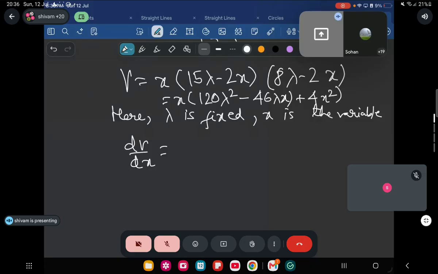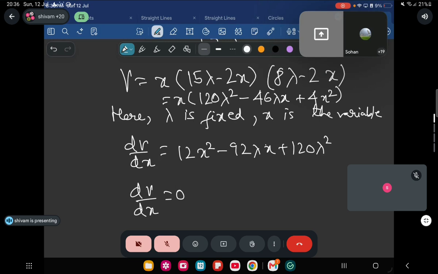So dV by dx will become 12x square minus 92 lambda x plus 120 lambda square. Are you getting this? Now if you put dV by dx equal to 0, what is the value of x?